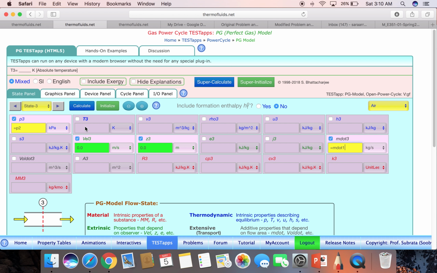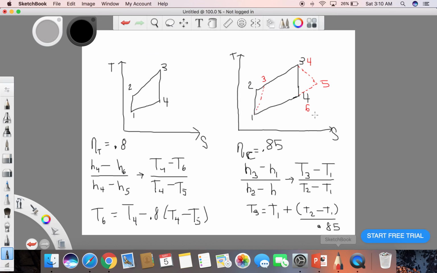What we know about T3, our new information, is the efficiency. The efficiency of the compressor is 85%, and so we can calculate the actual temperature of state 3 using the efficiency.